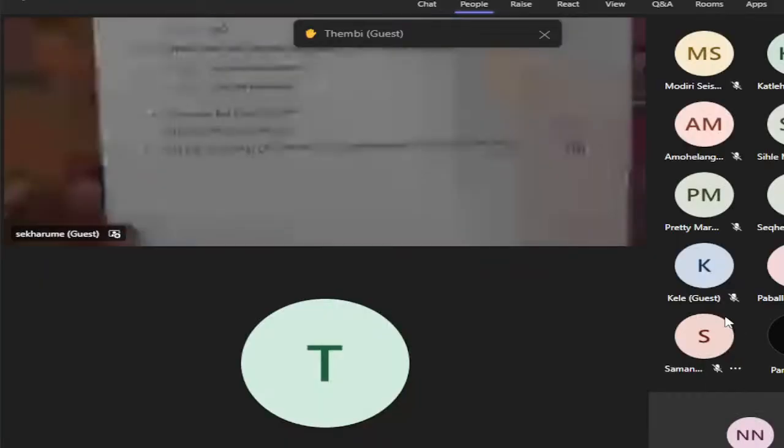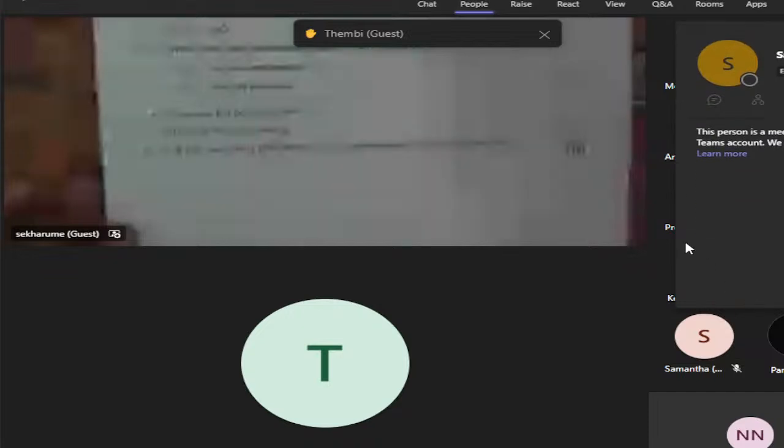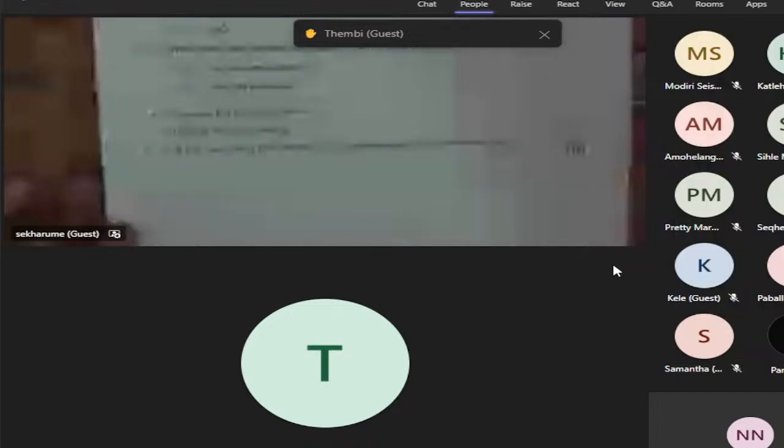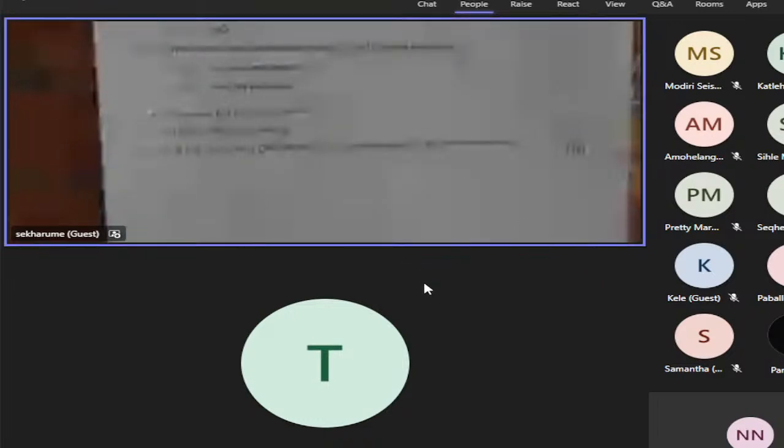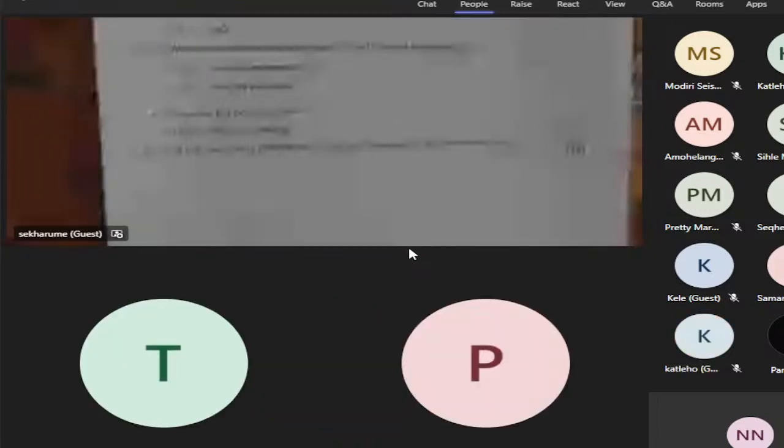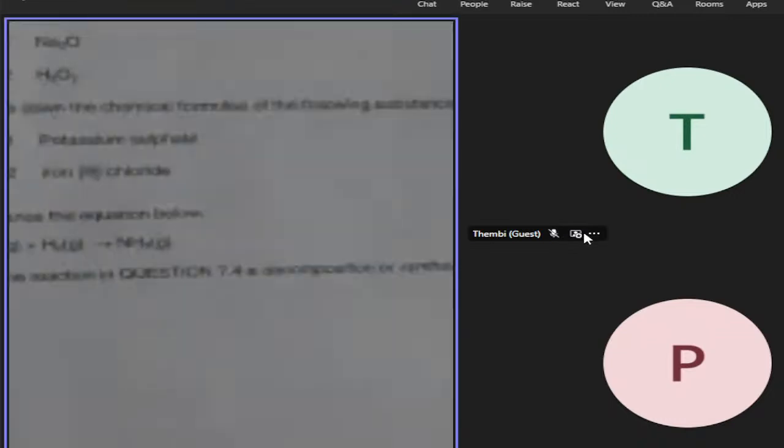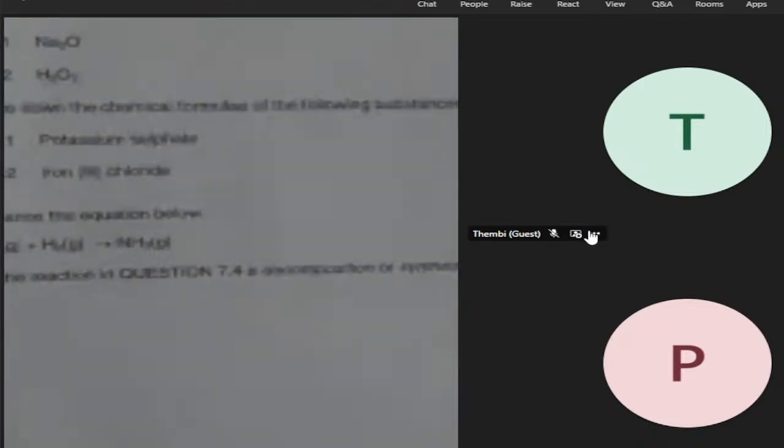I can see from my side. So should I switch my camera this side? I must go to 3 dots, device and setting.